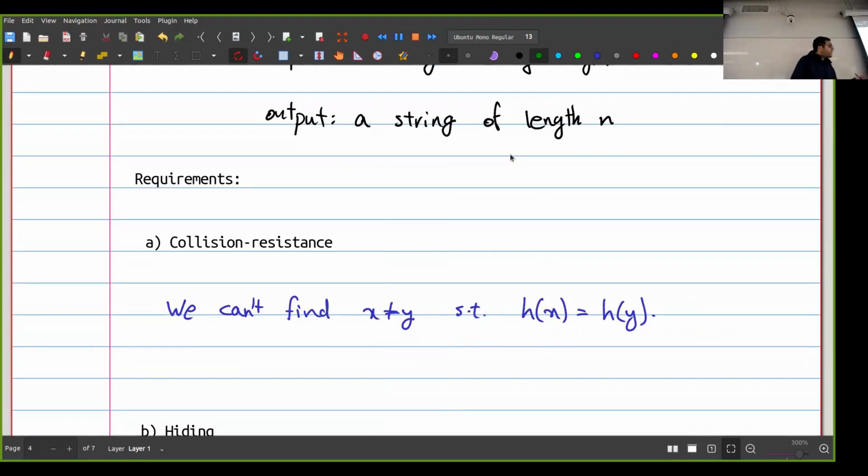But I'm saying we can't find them. And we can't find them means that no one knows any algorithm that can find these kinds of values, let's say, in the lifetime of the universe. Okay?